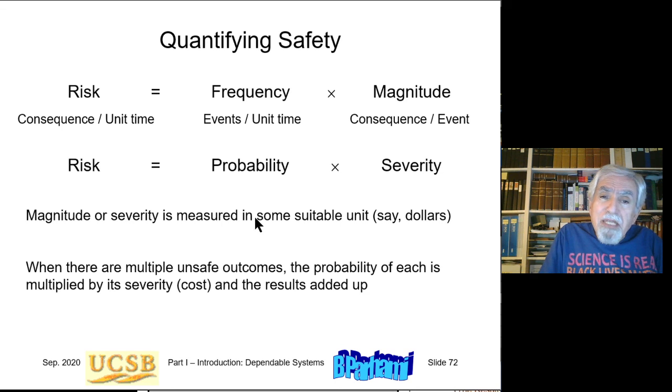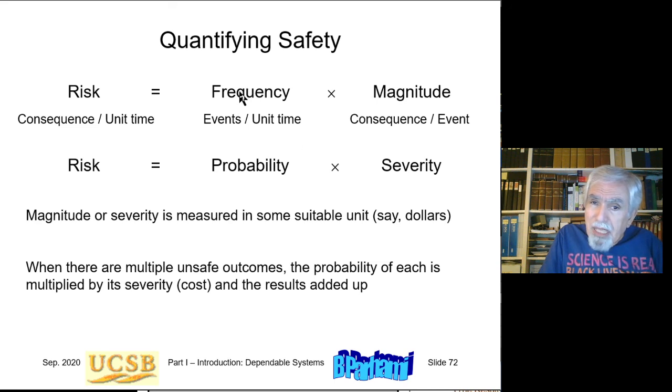The risk of something is the product of two factors: the frequency of that thing happening, which is sort of like probability, times the magnitude of the consequence. So how many events per unit time are we expecting? And what is the consequence, financially or otherwise, of each of these events? So risk is the product of probability and severity.